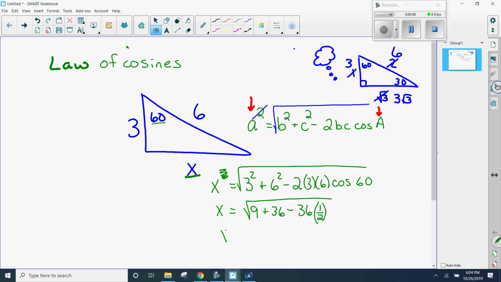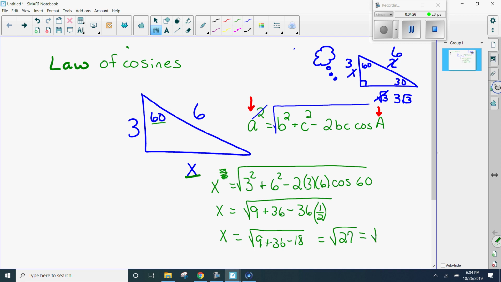So if we continue to calculate, x is equal to the square root of 9 plus 36, and half of 36 is going to be minus 18. So I look at it as 36 minus 18 is 18 plus 9 is 27. So this is equal to the square root of 27.